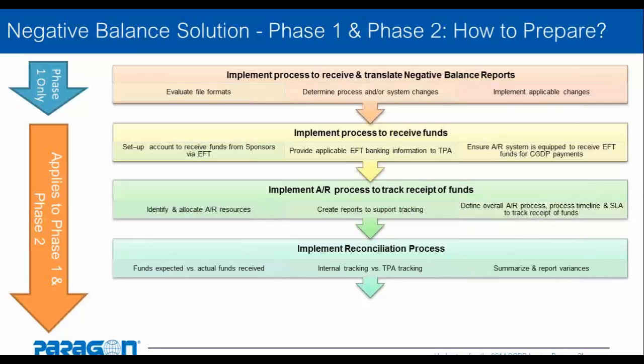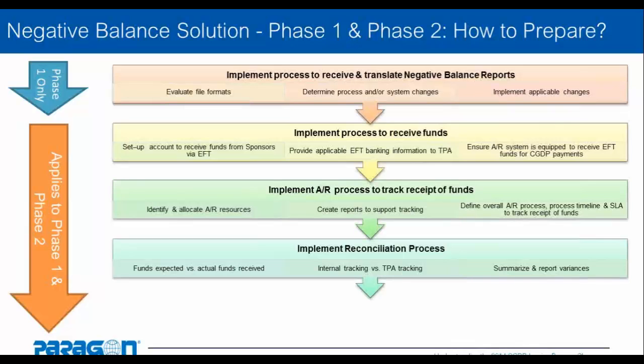The next area, internal tracking of negative invoices versus TPA tracking of negative invoices, may be more applicable at this time to Phase 1, but this could become more relevant in the future if your organization doesn't receive the funds you're expecting for payment. This is simply a process to compare internal tracking of negative invoices to the TPA's tracking of negative invoices for your organization.